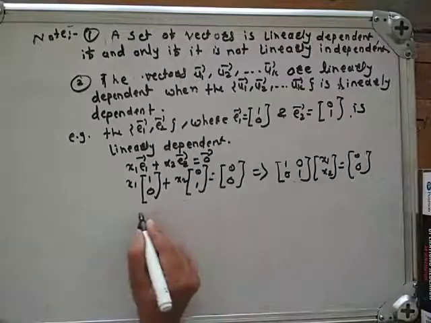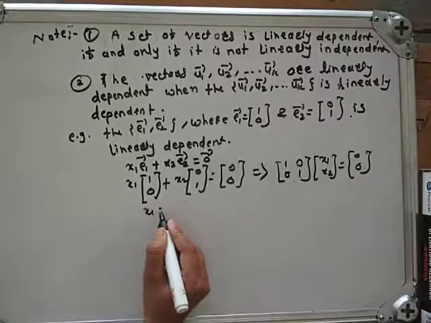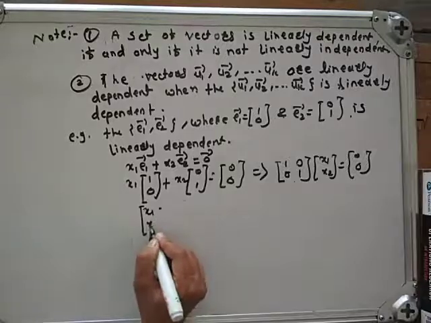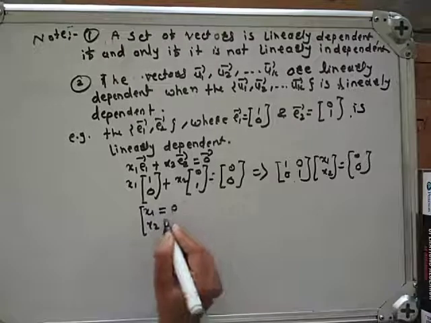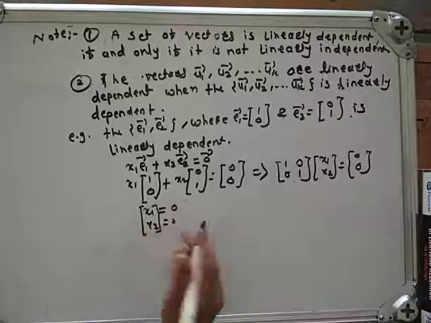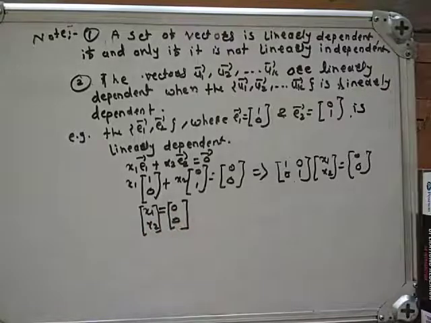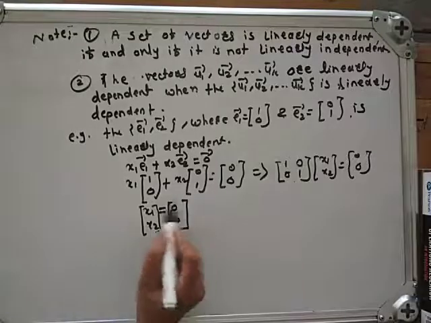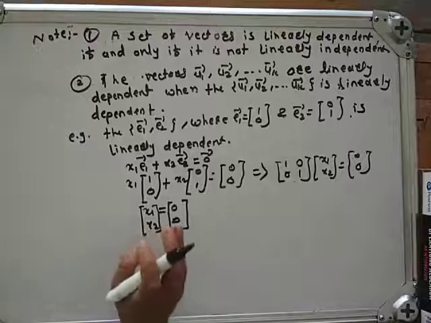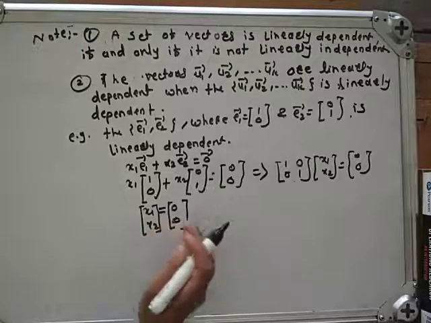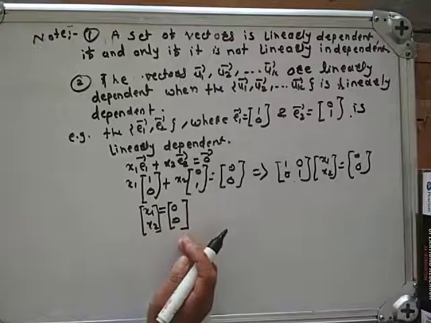Obviously, here x1 is equal to 0 and x2 is equal to 0. Is equal to 0, 0. Okay. When is this possible? This is possible only if x1 and x2 are equal to 0.